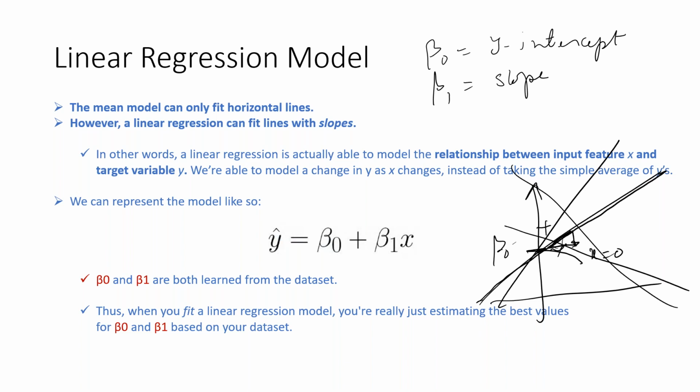For that line it will tell the y-intercept beta 0 is this number, and the slope beta 1 is this one. So that is what your algorithm will give to you.